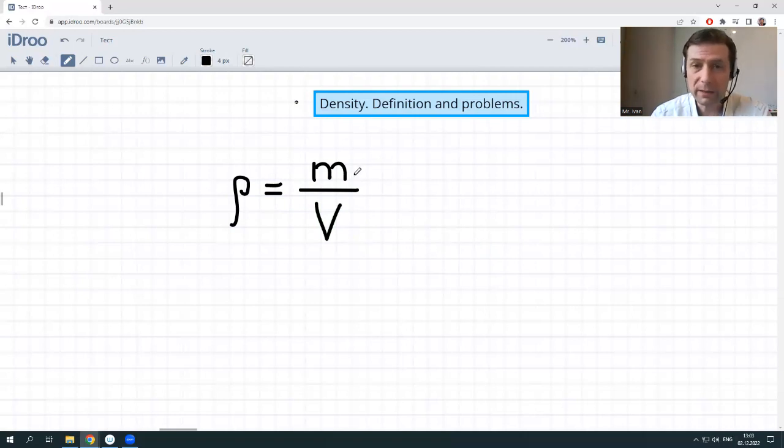The more mass in the same volume we have, the more density the object has. Object or even substance, because various substances have different densities. For example, a soccer ball is quite light and its density is not so huge.